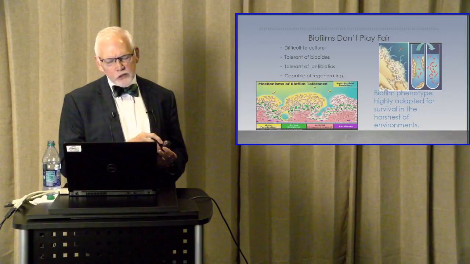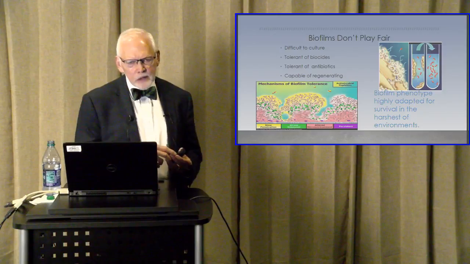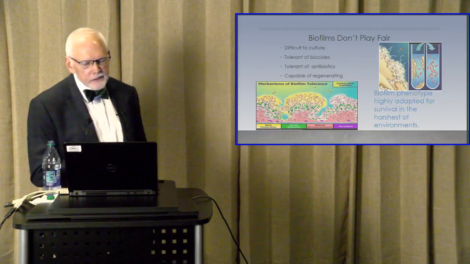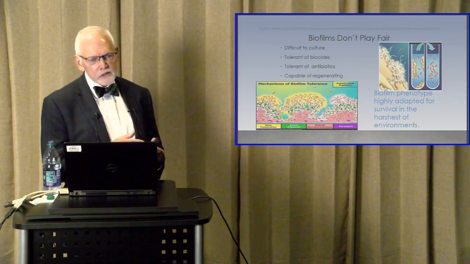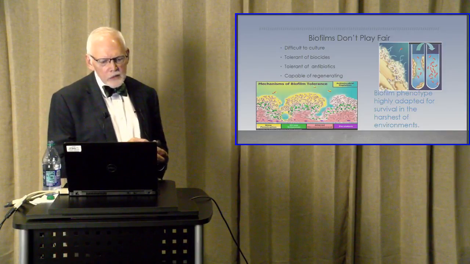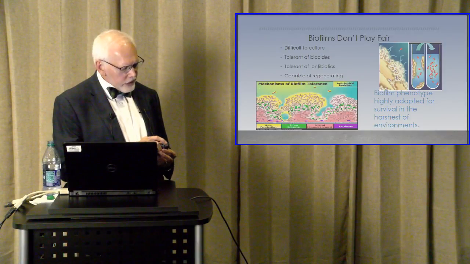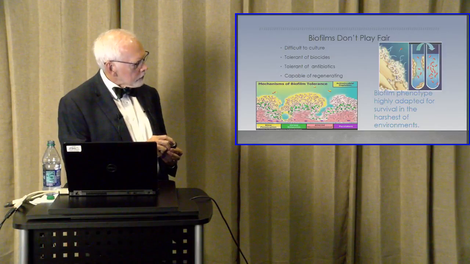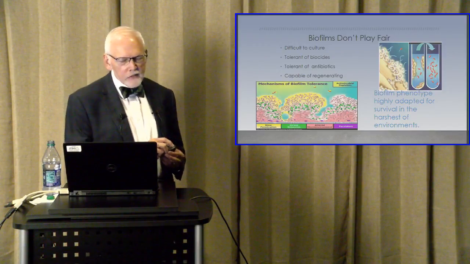So if you swab biofilm and you send it to the lab, you'll get something back. I mean, there'll be something that's growing on culture, but you probably will not get all the different organisms that are involved in the biofilm.